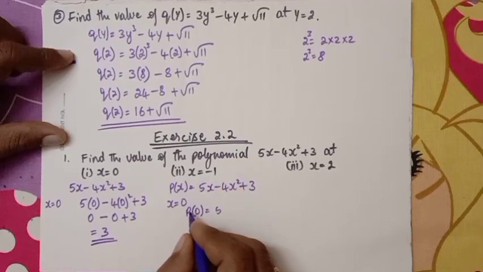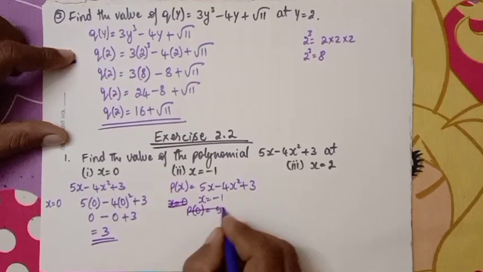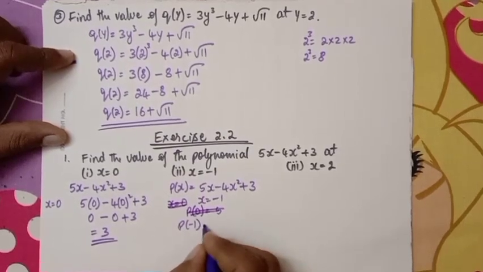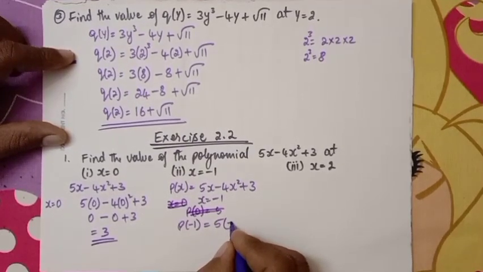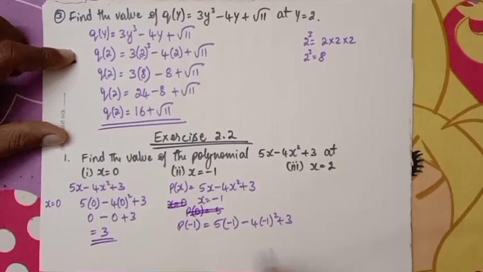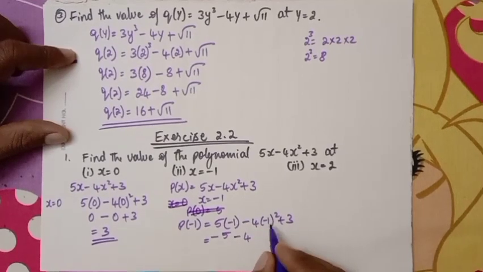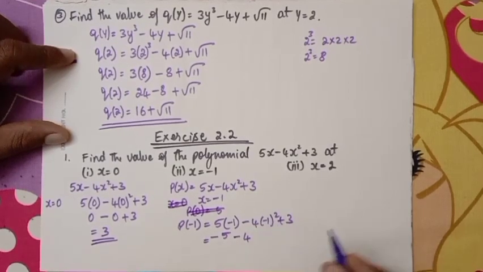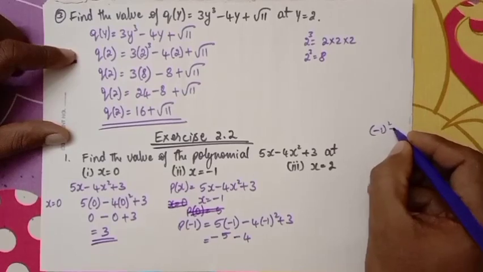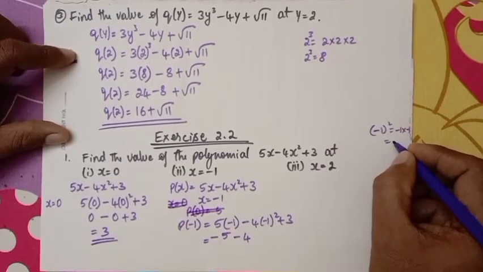Here x is equal to minus 1. So p of minus 1 is equal to 5 into minus 1 minus 4 into minus 1 whole square plus 3. So here 5 into minus 1 is minus 5, minus 4 into minus 1 whole square, minus 1 whole square is equal to minus 1 into minus 1, which is minus into minus is plus 1.